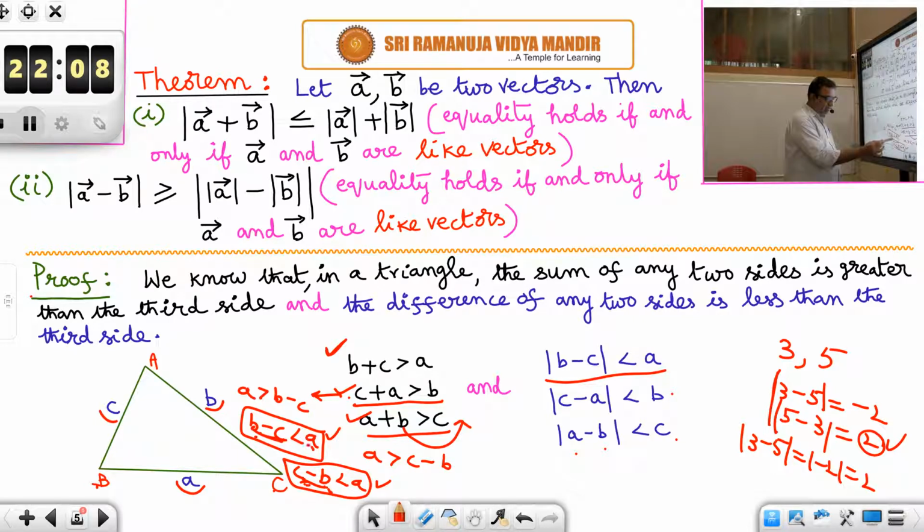So, b minus c less than a, c minus b less than a, combinedly we call it mod of b minus c less than a. Similarly, mod of c minus a less than b. So, using these facts, you can prove these 2 points, first point and second point. So, okay, in the next page.